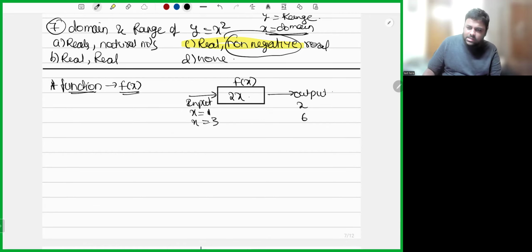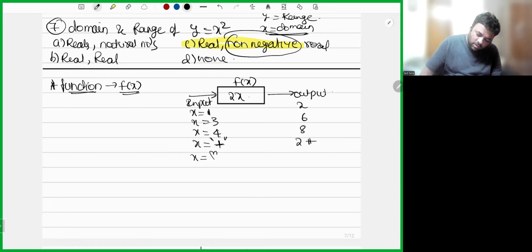What will be the output? 6. I'm telling x is equals to 4. What will be the output? 8. I'm having x is equals to plus symbol. What will be output? 2 plus symbol. I'm telling x is equals to heart. What will be the output? 2 heart. Okay. You introduce any input, you will get output. That's how a function works.